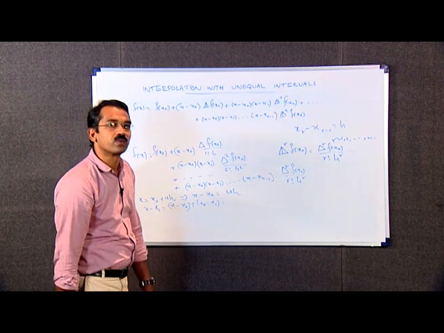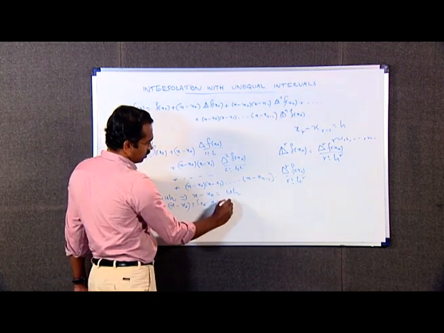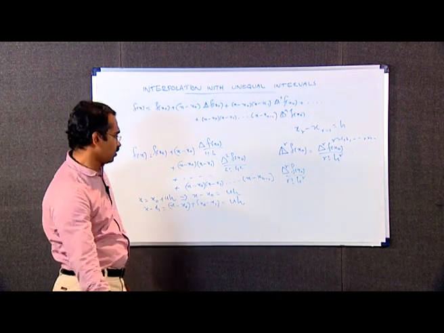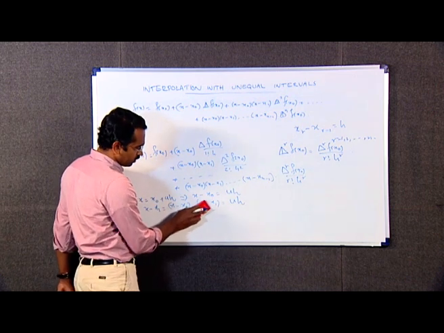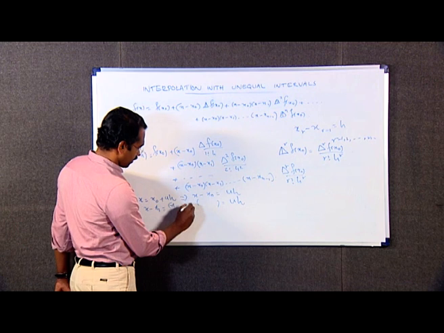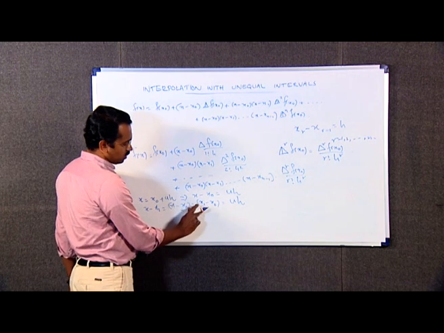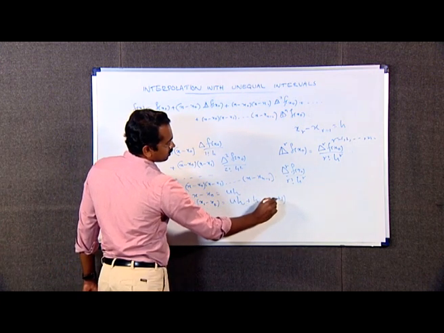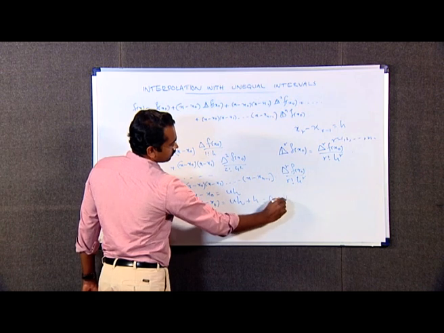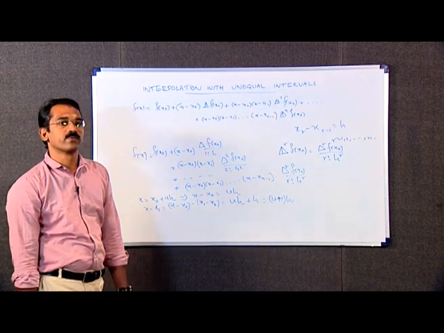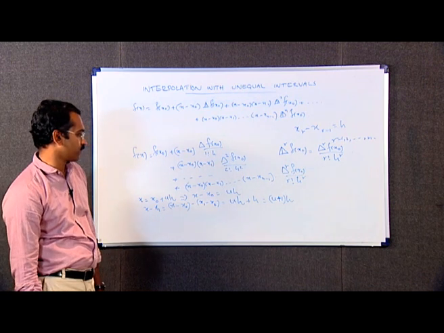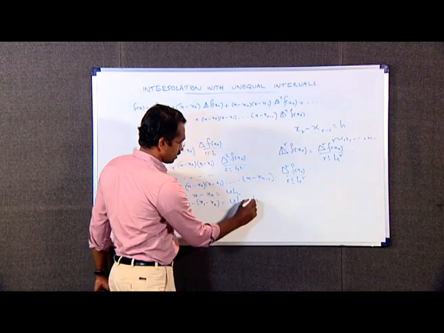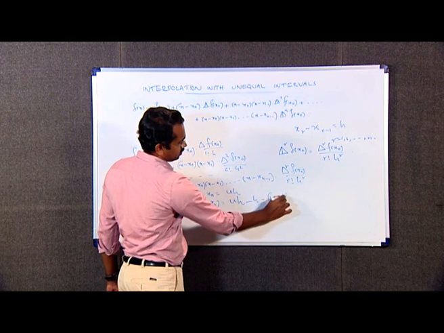Here x minus x naught is u h, and x naught minus x 1 can be written as negative of x 1 minus x naught, which is h. So this is equal to u plus 1 times h. Similarly, x minus x 1 is u h minus h, that is equal to u minus 1 times h.